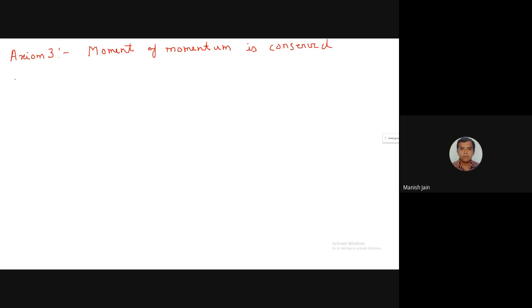So basically, when you do the derivation, this axiom tells you that the shear stress tensor is a symmetric tensor, is symmetric in nature. Okay, and what is the meaning of a symmetric tensor?